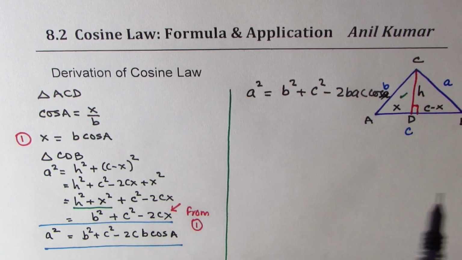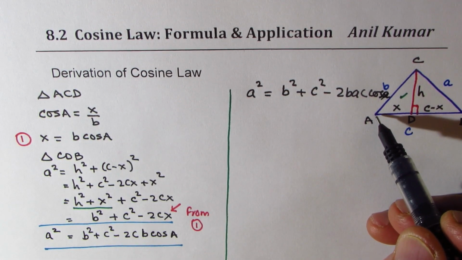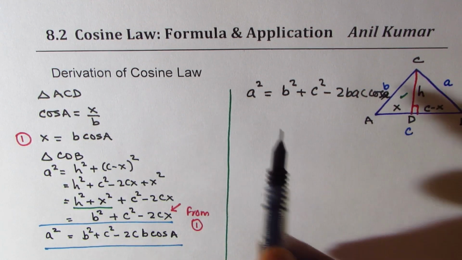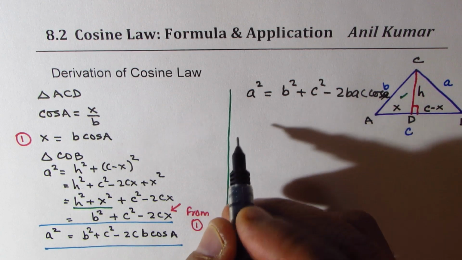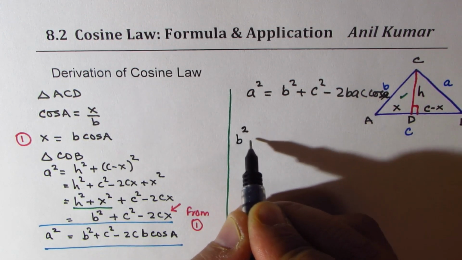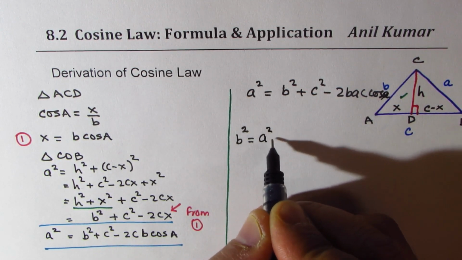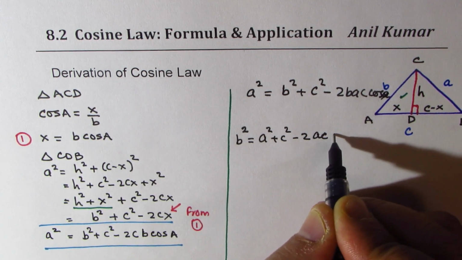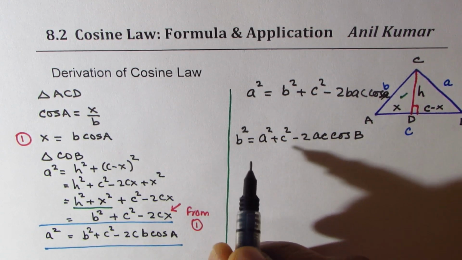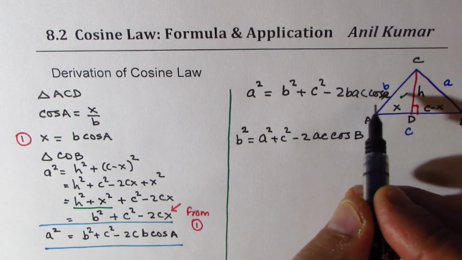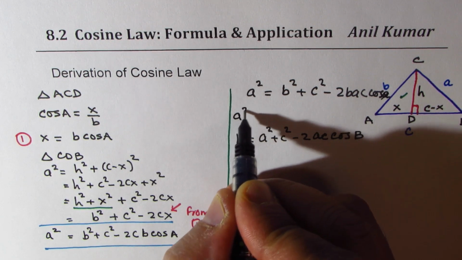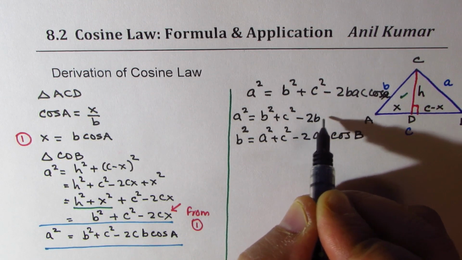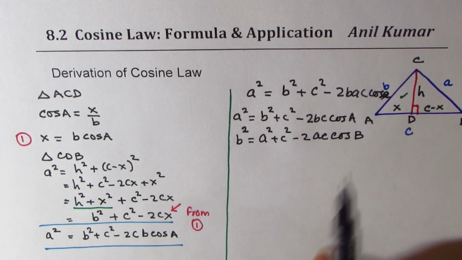Similarly, if I draw a perpendicular from A and then with B, I can come out with other relations. So if I'm talking about b square, then b square will be a square plus c square minus 2ac cos B. And I'll rewrite this: a square equals b square plus c square minus 2bc cos of capital A, the angle.